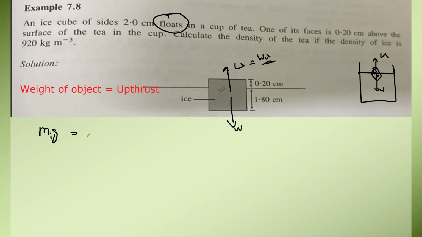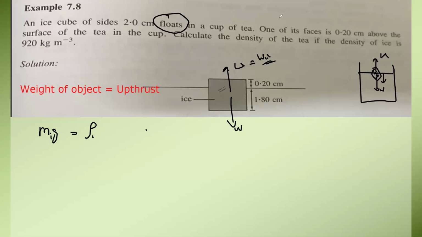And what about the upthrust? Upthrust is the density of the fluid, meaning the density of the tea. What if the upthrust is greater? If the upthrust is greater, it should rise up, but it cannot leave the surface as there is surface tension. There is another force, surface tension, that does not allow the object to leave the surface.